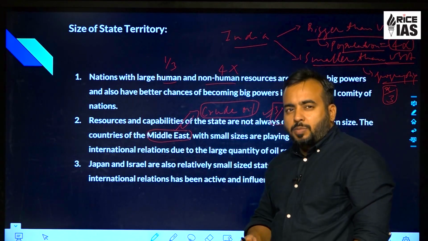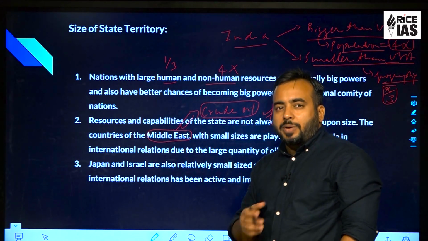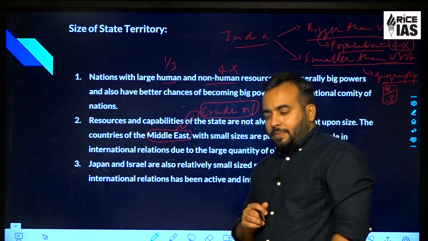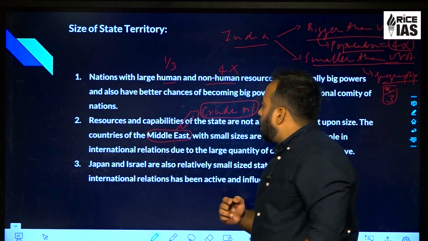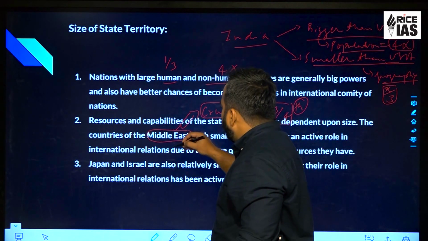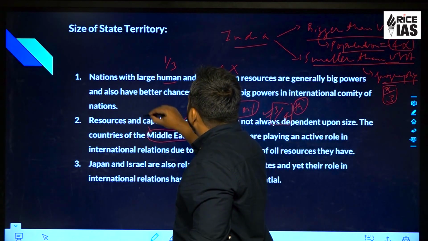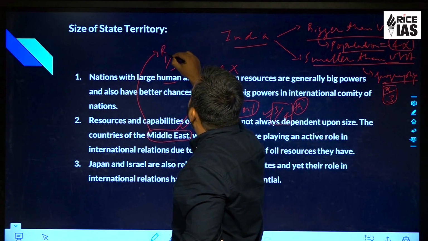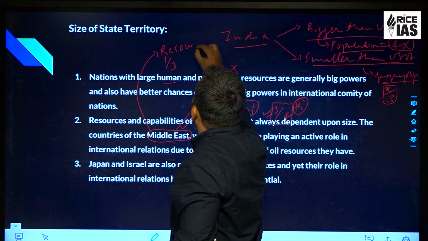So size matters, but not always. Resource endowment also matters. High resource base does not always mean prosperity, because there is something called resource curse also.